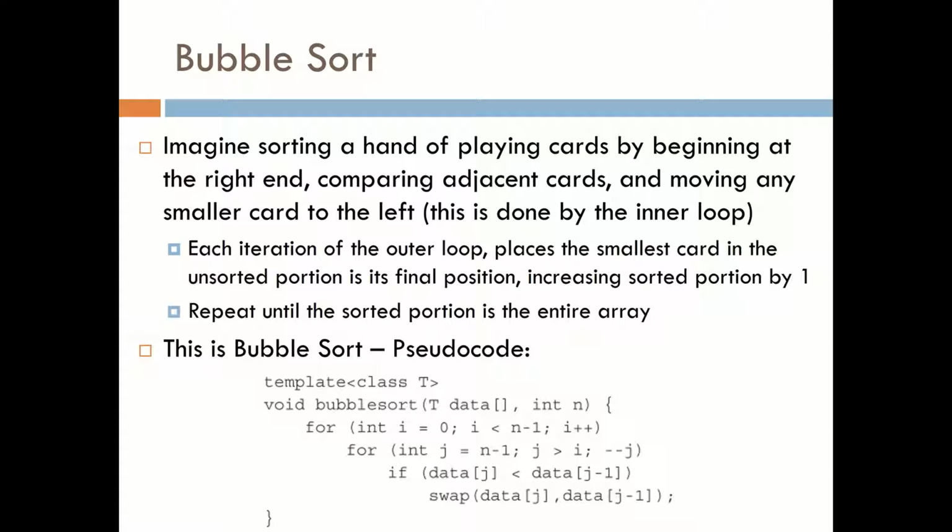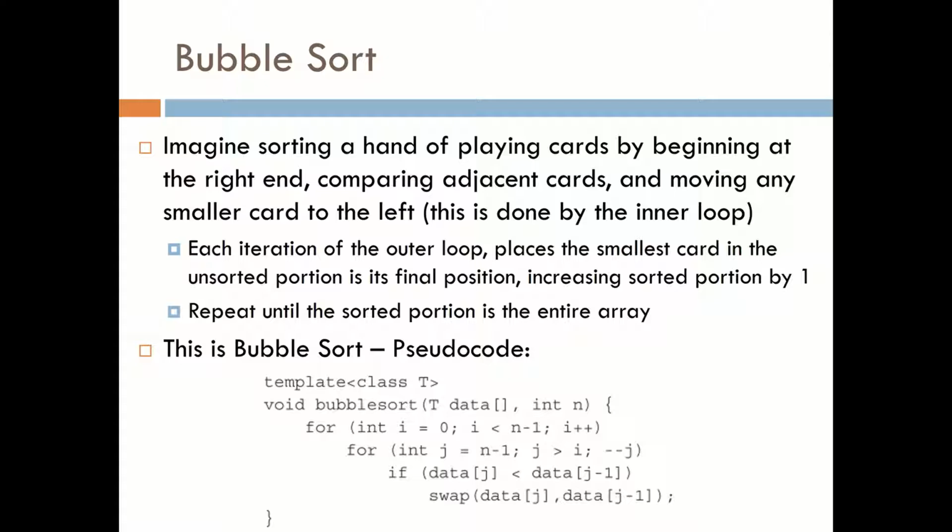So you notice that it goes from 0 all the way to less than n minus 1. So it actually goes to n minus 2. And the reason for that is that when we get to that end and there's only the card sitting at index n minus 1 by itself, it's already sorted and it's guaranteed to be in the right position.